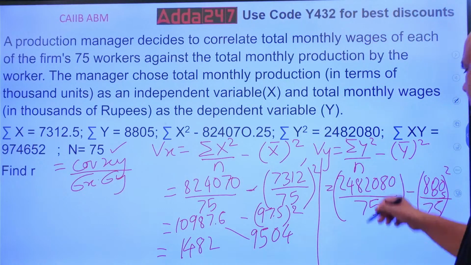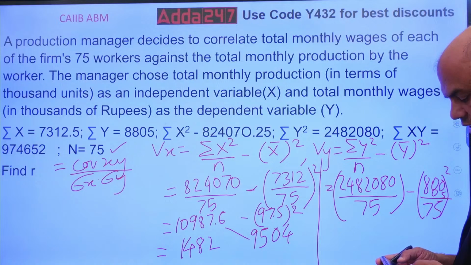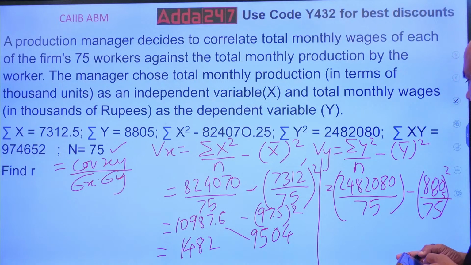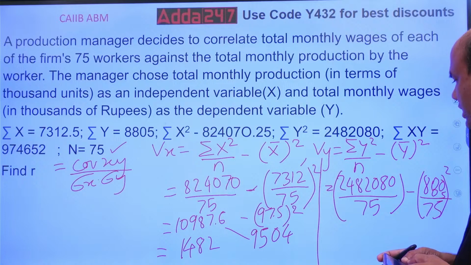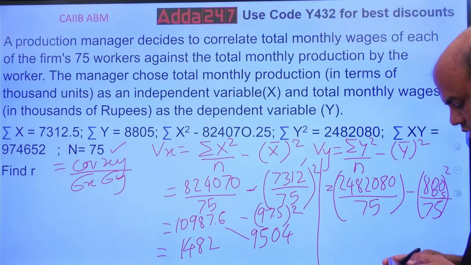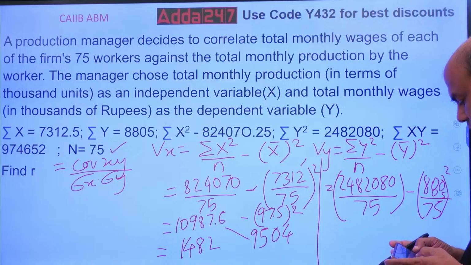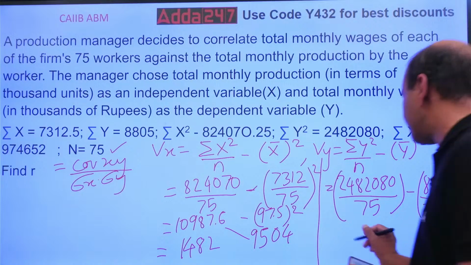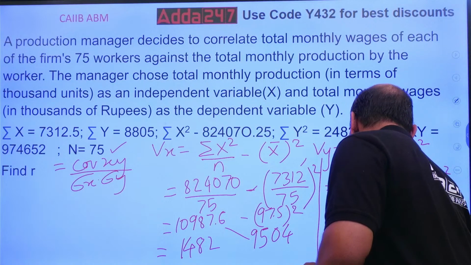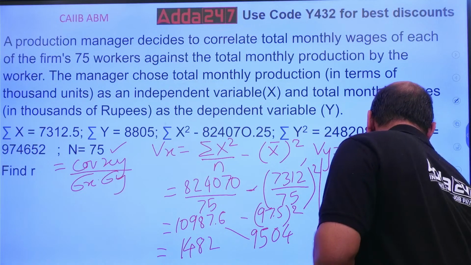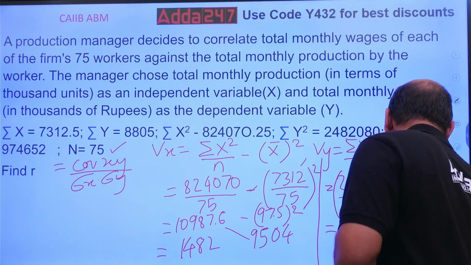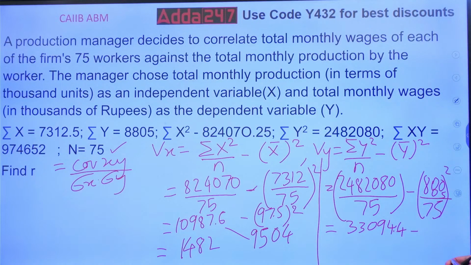Now find out Vy. Similarly, now you do this, everyone. Do this yourself. 2482080 upon 75. So 33094.4, minus this 8805 upon 75.